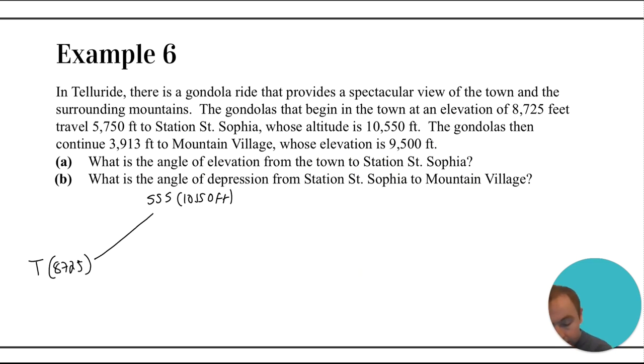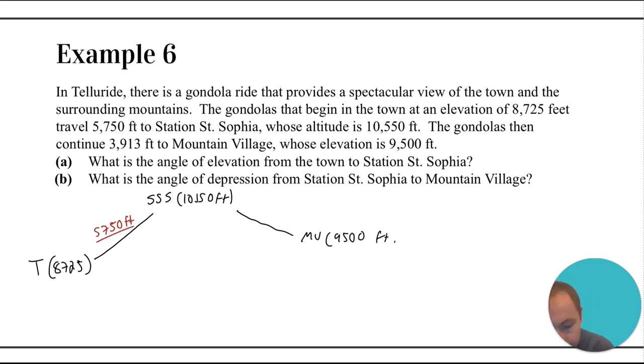So I guess this diagonal distance is 5,750 feet of actual cable travel, right? And then from SSS, the gondolas continue to Mountain Village, which is at a lower elevation of 9,500. So then we're going downwards a little bit to Mountain Village, at an elevation of 9,500 feet.